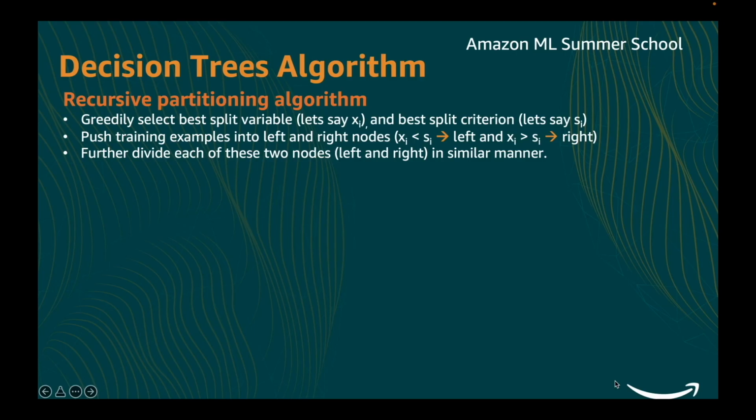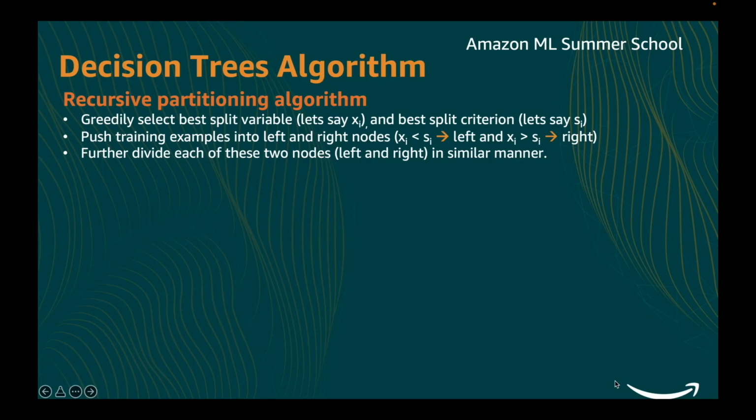So let's say that the attribute which gives the best split criteria is x1, and the best split value of that attribute is s1. Once we've selected the best split criteria from all of those available, we push all the training examples into the left node or right node based on their value of this attribute.